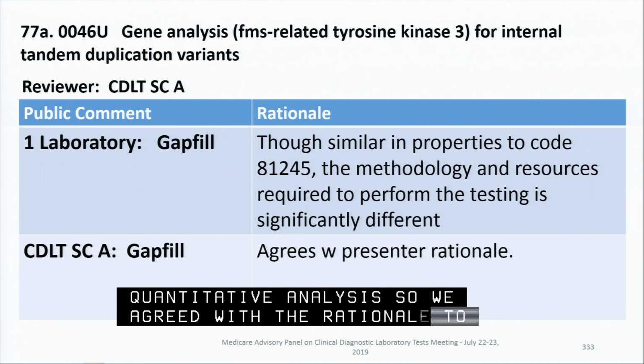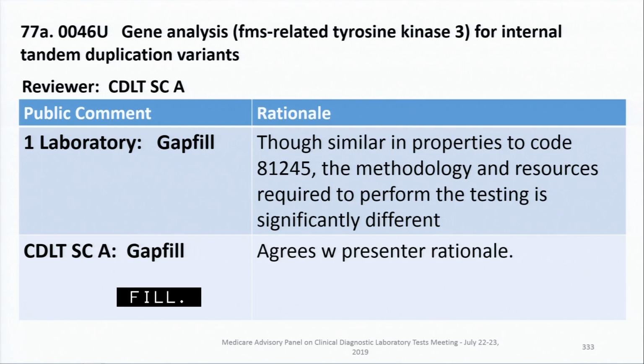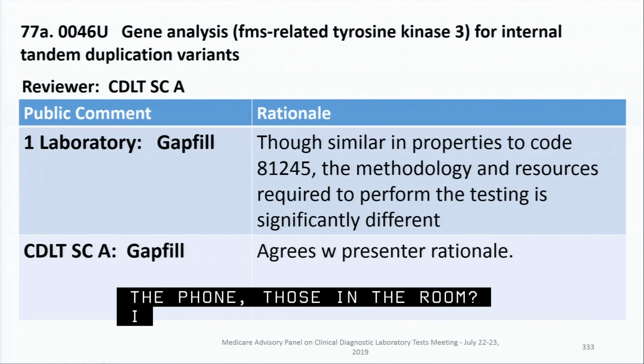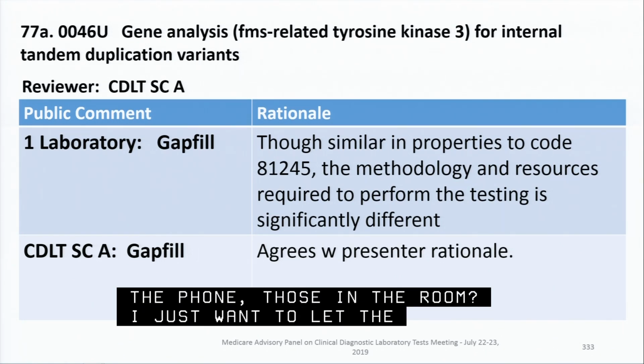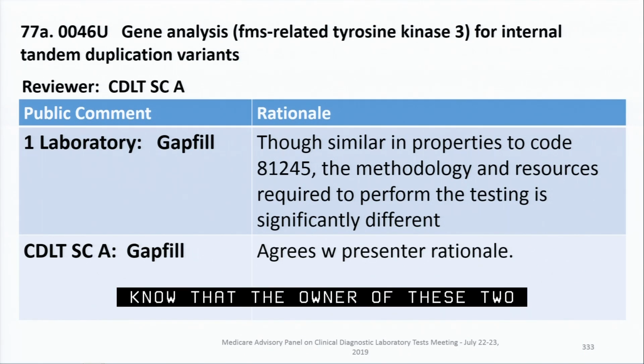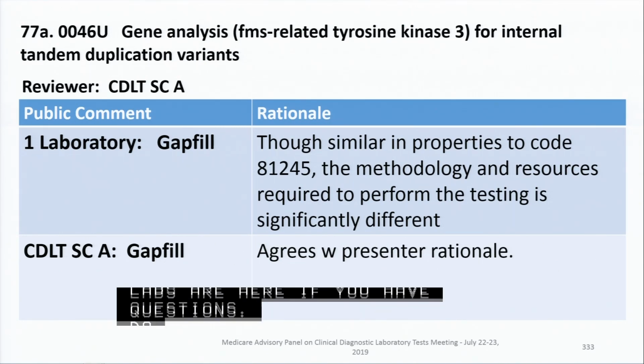Any comments from those on the phone? Those in the room? I just want to also let the folks know that the owner of these two labs, 0046U and 0049U, are here if you have questions. Do we have any questions from those on the phone for the lab owner from here in the room?